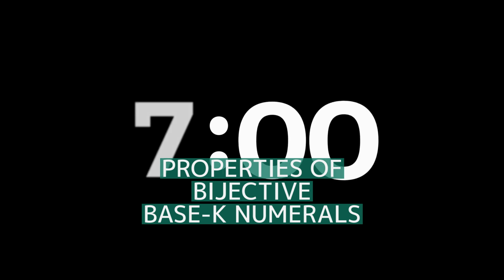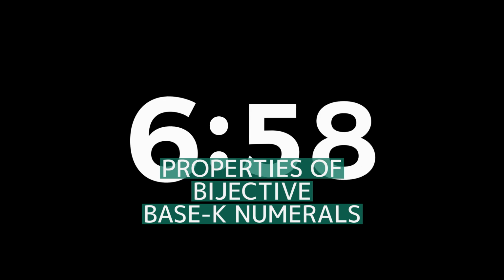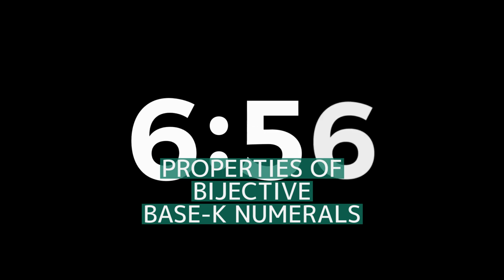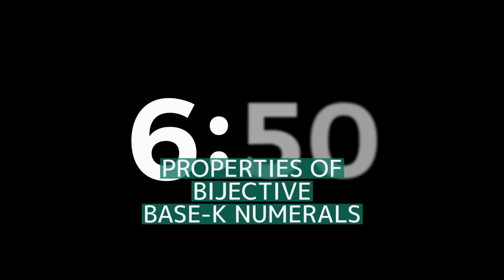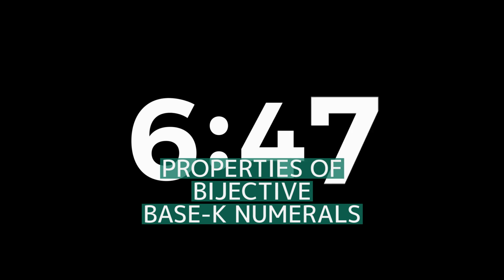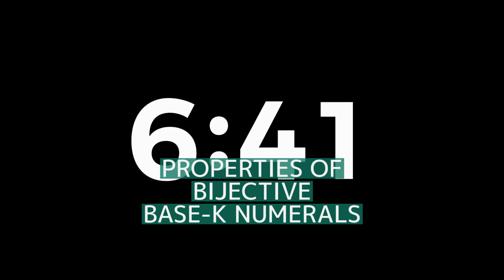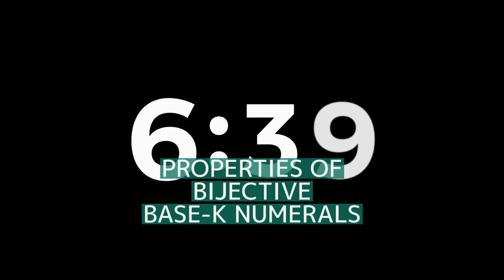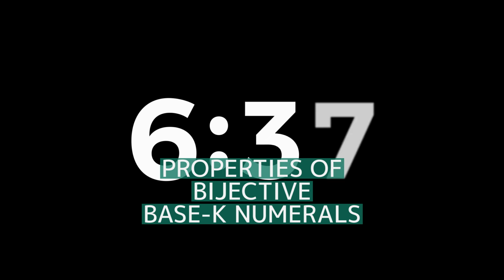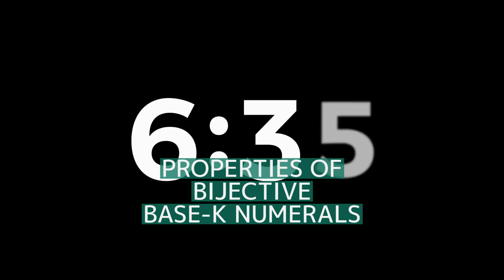Unary numeral system, bijective base 2: 1 to 11, 12, 21, 22, 111, 112, 121, 122, 211, 212, 221, 222. Binary: 0, 1, 10, 11, 100, 101, 110, 111, 1000.